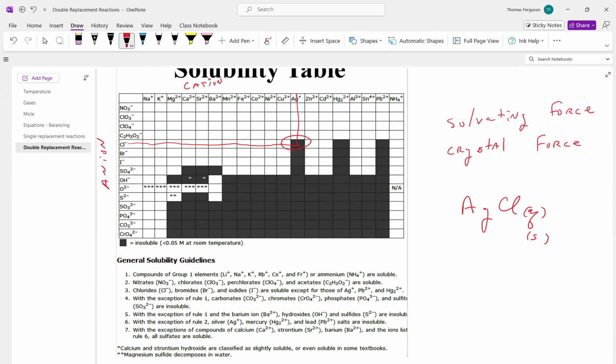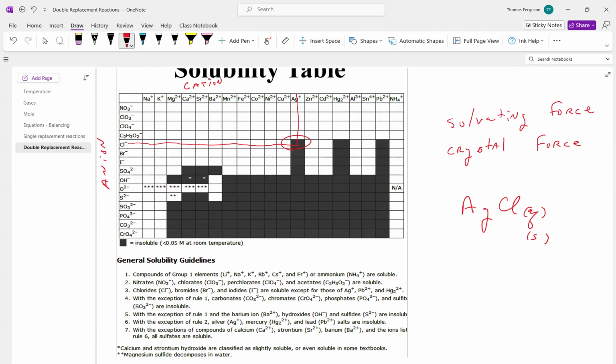Okay, so let's talk about double replacement reactions now. So that's how to use the solubility table as you're doing this bit. Now, when you get into the double replacement lab, you're going to predict whether you're going to get a precipitate or not.